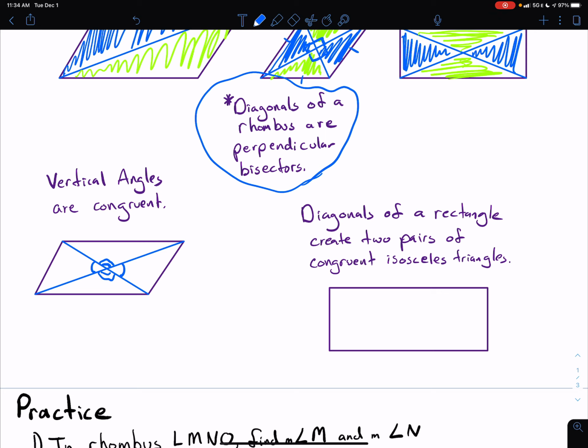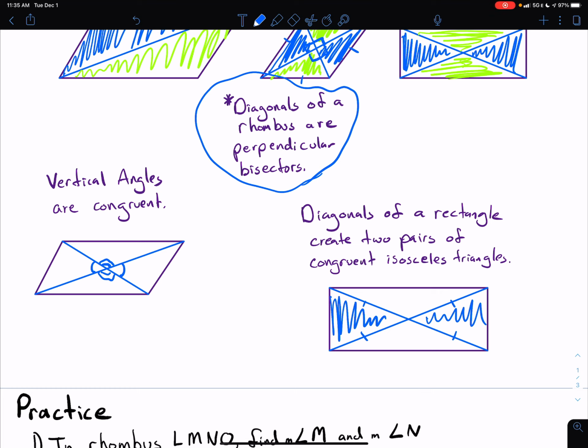And then the last piece here is that when you look at a rectangle and we talk about this one and this one, guess what those are? These are isosceles triangles, right?